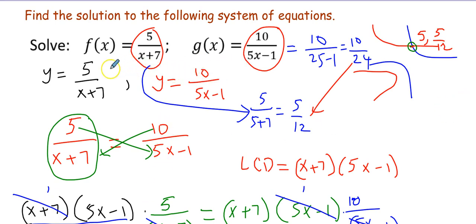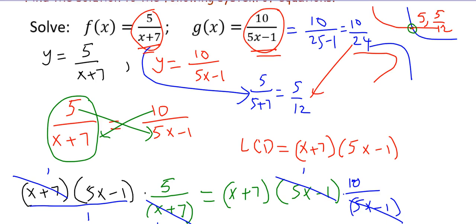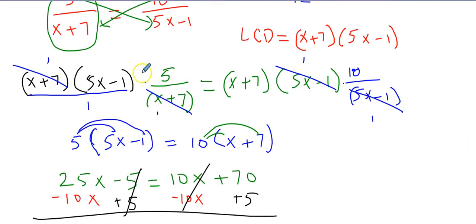So how did you do this? Initially I wrote this f of x as y and g of x is also y, and then you equated those two right hand sides and solved for x by multiplying both sides by the least common denominator, simplifying and solving for x.